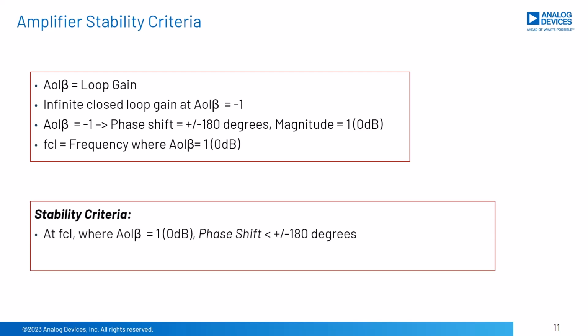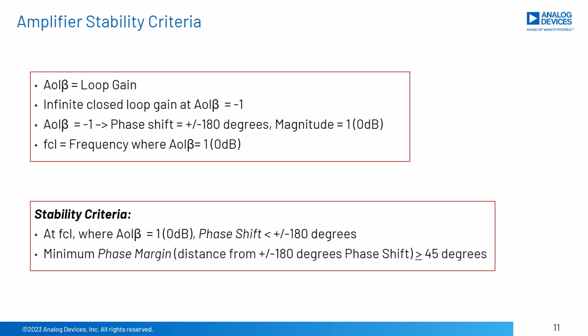Our stability criteria is that at FCL, where AOL beta equals 0 dB, its phase shift is less than plus or minus 180 degrees. The distance we are away from plus or minus 180 degrees phase shift at FCL is called phase margin. For a good stable circuit, we want phase margin at FCL to be greater than or equal to 45 degrees.